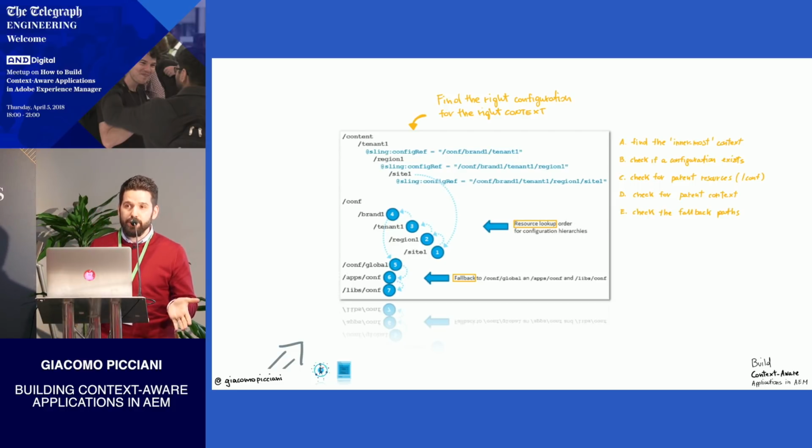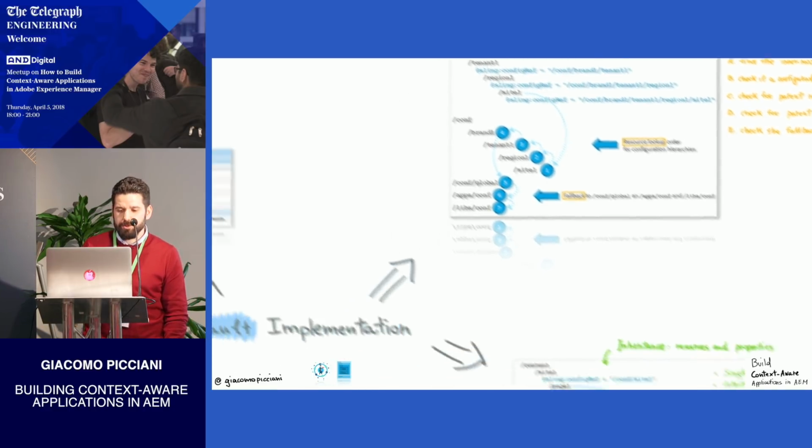There is a new node that you can find from AEM 6.1, and under /conf you can find the configuration that is set in your property. It's very interesting how standard the way the module tries to find the resource is, because if you cannot find the resource in the value provided by the property, it also tries to go up to the content, check the parent path, and then go back to the parent configuration to see if you can find the configuration.